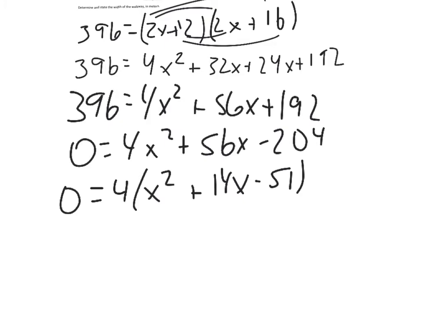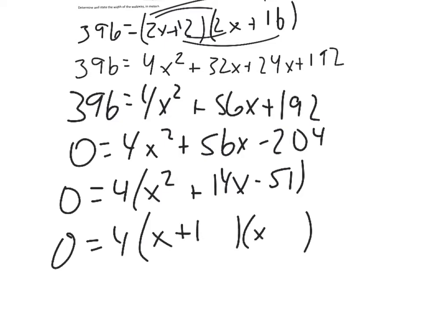Because I have two factors here, one of them has to be 0 or both. So that 4 equals 0 doesn't make sense, but it's still out front. So let's see if we can double bubble this. Two things that multiply to negative 51 and add to 14: positive 17 times negative 3. So I need to find the roots here.